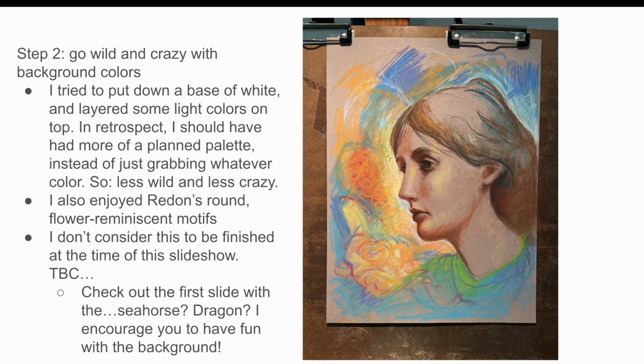So again, you can use this formula of a lighter background, more of a pale, earthy color, low-key portrait, and then framing the portrait with some brighter, high-key colors, and really placing that portrait into context.